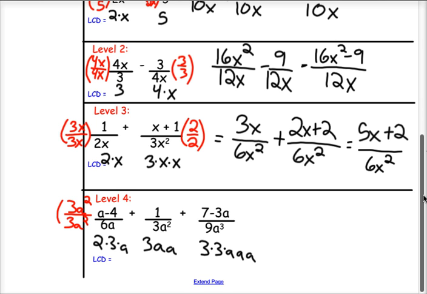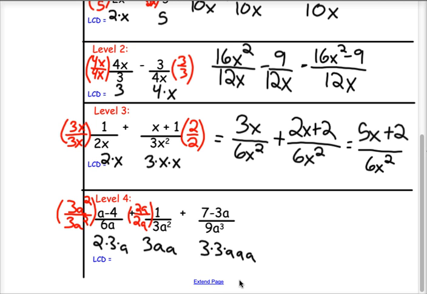Okay? So the 6a, notice, is lacking a 3 and 2 of the a's. So that's where that's coming from. Now, when looking at what the 3a squared is lacking, it's lacking a 2 from the 6a, and then one of the a's from the 9a cubed.